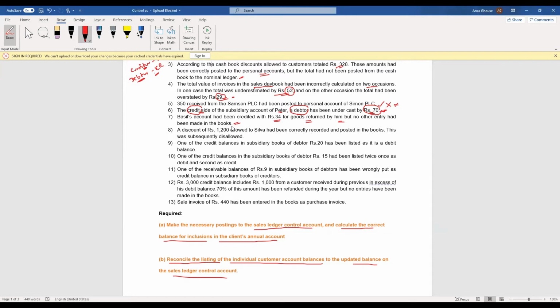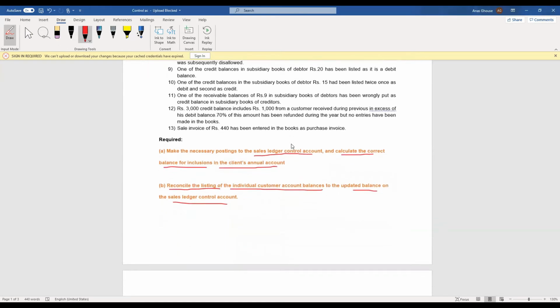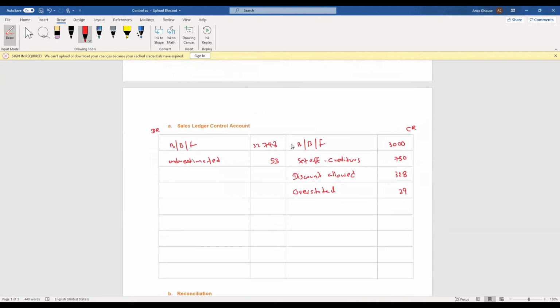The control account was not updated. The individual customer balance is updated. So to rectify, what we need to do? We need to credit the sales ledger control account by 34. So therefore, we'll go to the credit side of the sales ledger control account and we can say goods return. This has to be credited by 34.